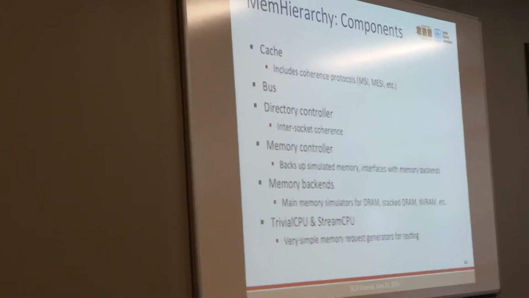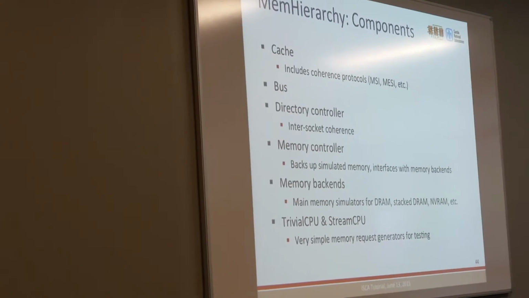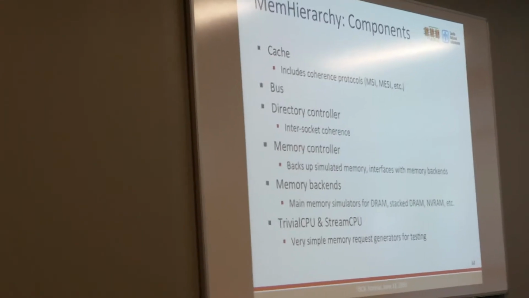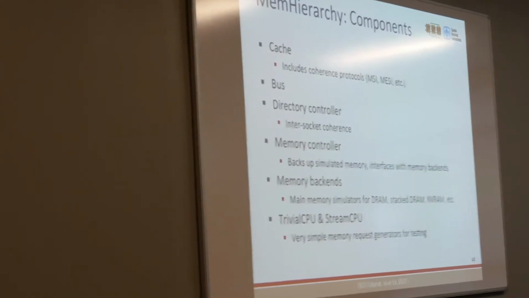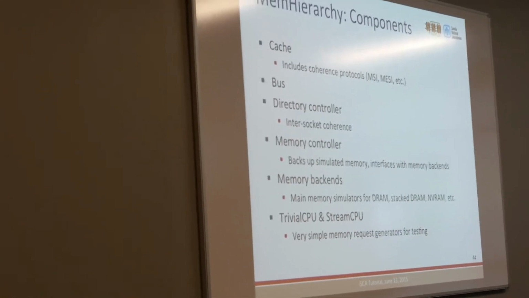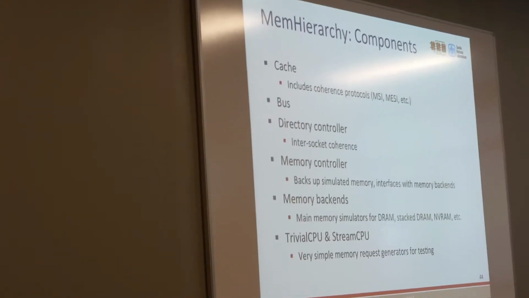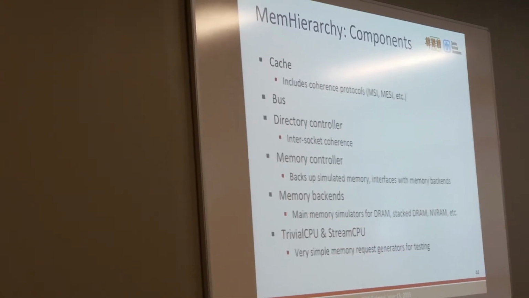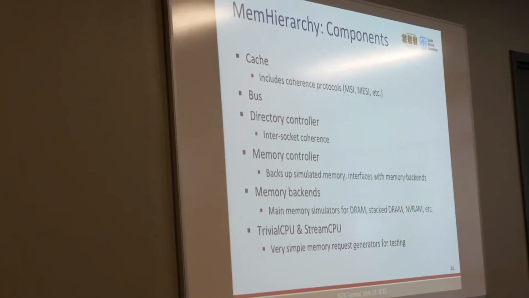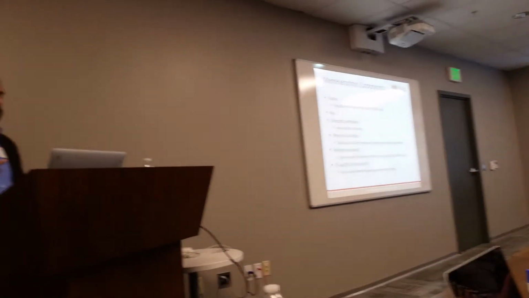There's memory controllers of different sorts, which back up the simulated memory and also interface with a variety of memory backends, things like, again, DRAMSim2, different 3D memory models, or non-volatile memory models. Just for testing purposes, there are also some very, very simple CPU models, trivial CPU and stream CPU, which are just simple address generators, which we use internally for testing.